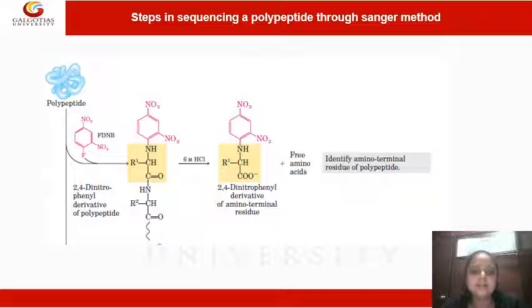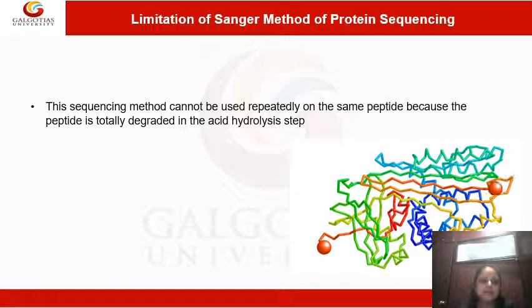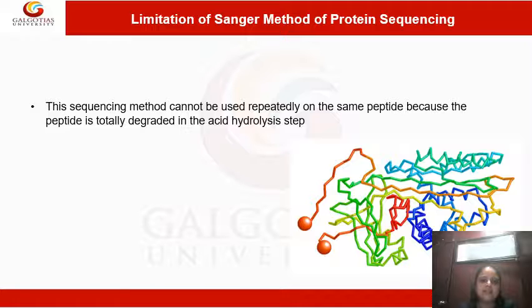After that, the 2,4-dinitrophenyl derivative of the amino terminal residue is released, and this N-terminal residue is identified by gas liquid chromatography. There is a certain limitation in the Sanger method of protein sequencing. The polypeptide chain is totally destroyed because of the acid hydrolysis step.